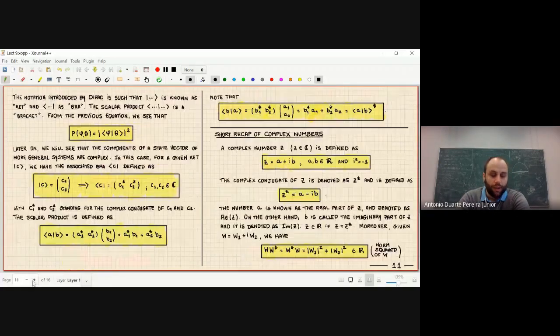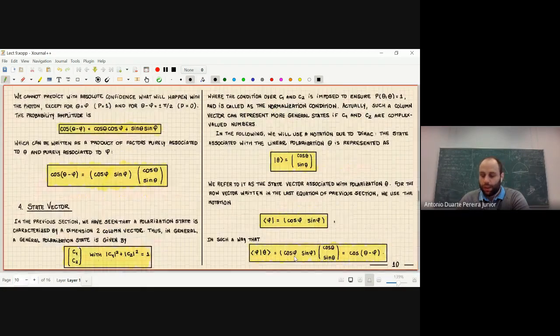What I'm saying is that the probability of getting a photon with polarization phi, if it is prepared in a quantum state with polarization theta, is the absolute value of the Dirac bracket, namely the scalar product between these two quantities, squared. So you take this product between this row vector and this column vector, you obtain this expression, you use this trigonometric identity and reduce this to this, and you square that. And this is the probability that we learned yesterday.